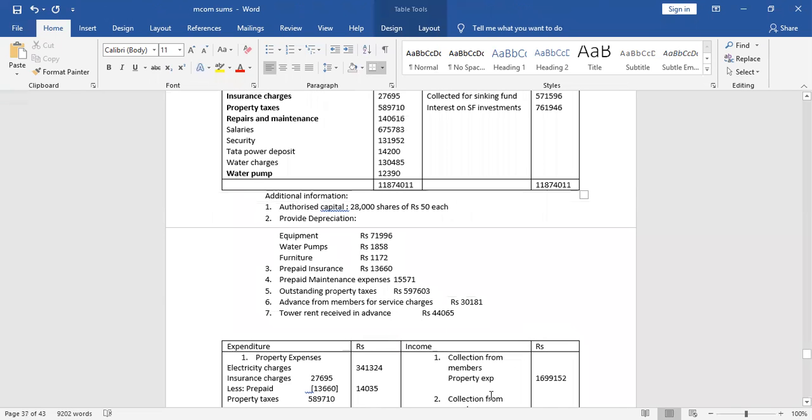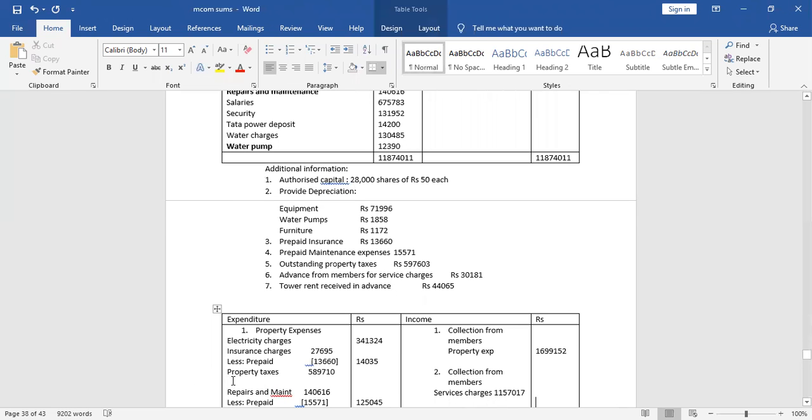Now outstanding property taxes. Since property taxes are outstanding, add. Add outstanding. How much is the amount? We can see the amount is 597603. Add both. How much are you getting? 11,87,313.